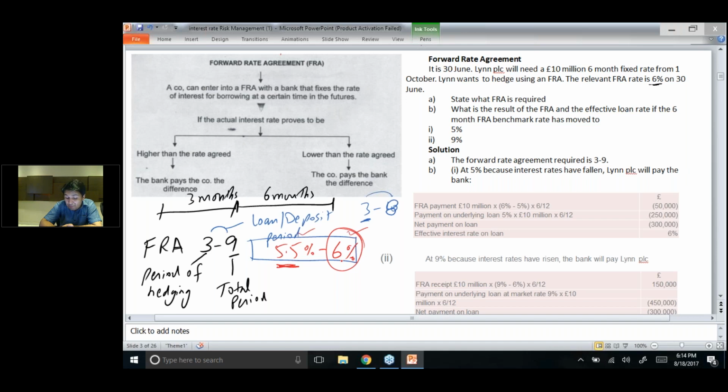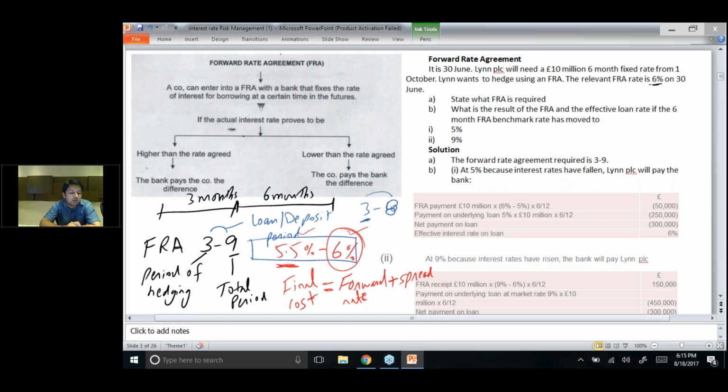Yes, you still have to pay the credit spread, but if we leave the credit spread, your final cost will be 6%. The final cost will be the locked forward rate plus spread.